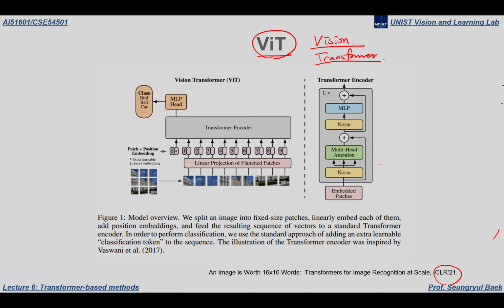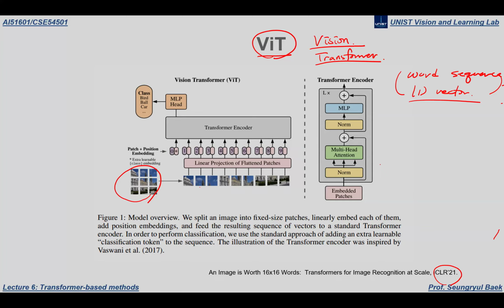So far, we learned the transformer where the input was the word sequence, which means a one-dimensional vector sequence. But now we have to input images rather than a sentence.